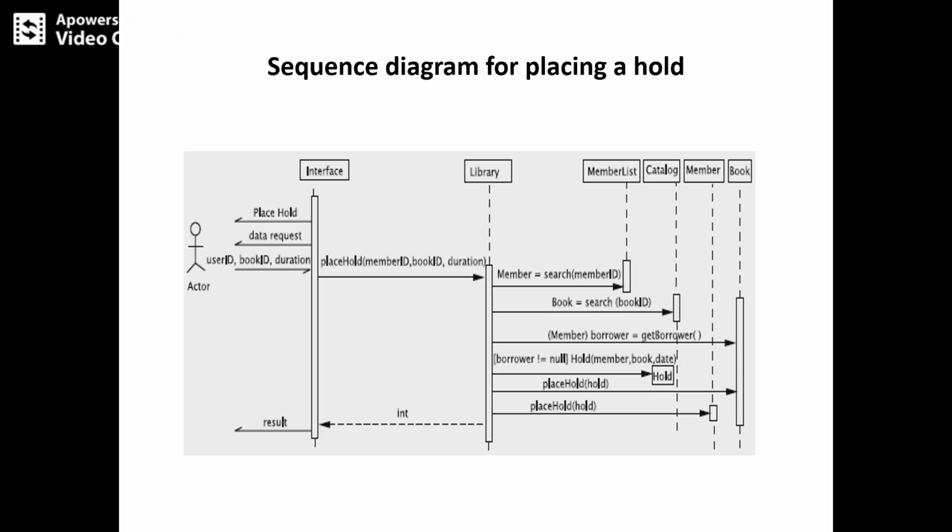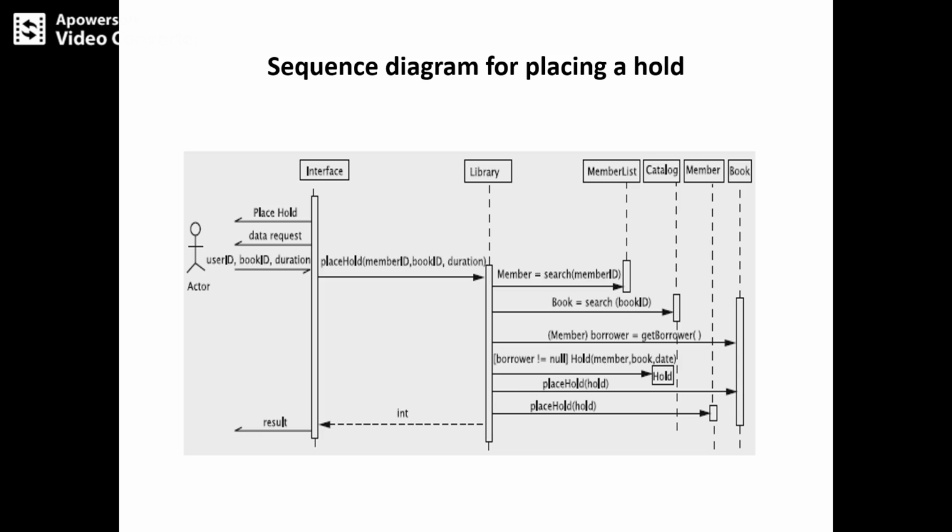So from the book object we need to take it. The condition borrower not equal to null needs to be checked for the book borrower. Whenever borrower is not equal to null, the hold for the particular member, book and date needs to be checked here.